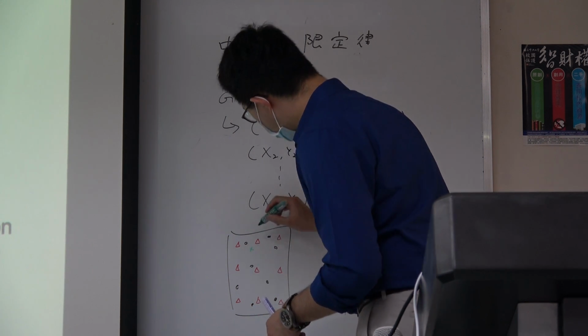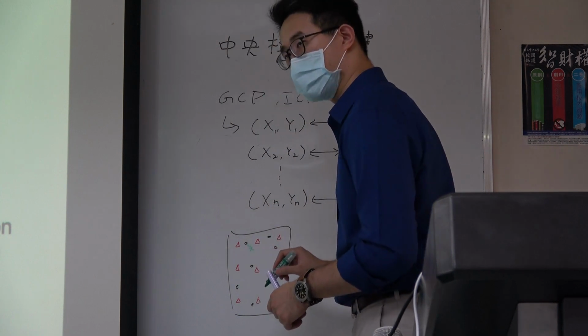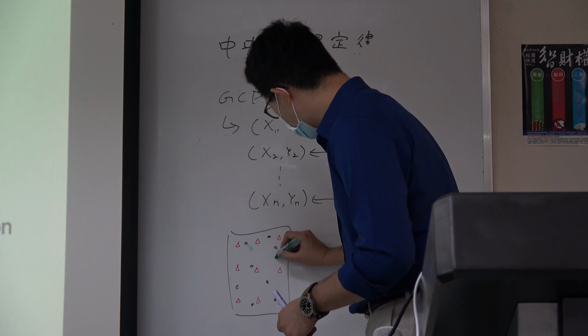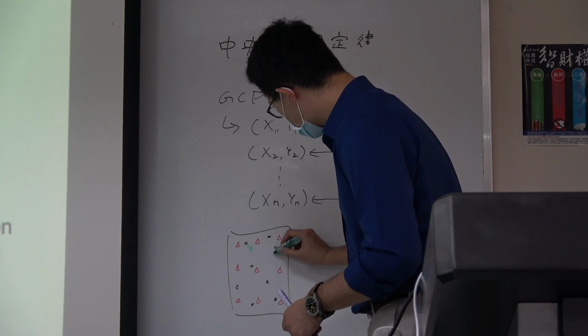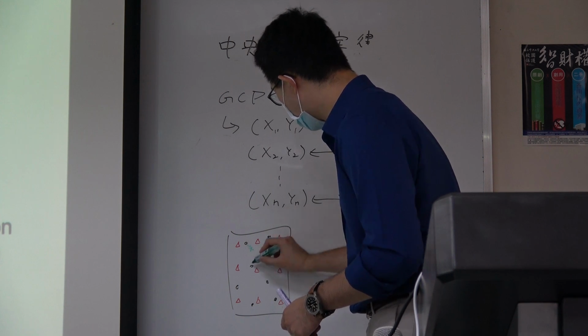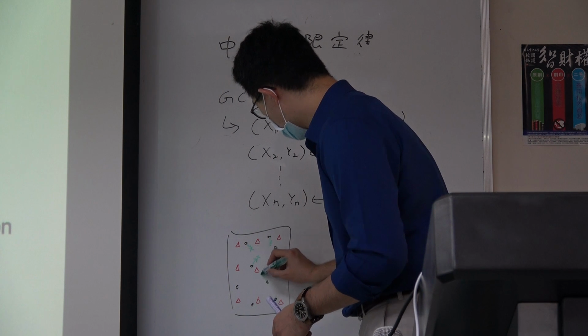So this is the error. And for this point, maybe it moves to here. So this is the error. This, maybe here, this is the error. This could be the error. This could be the error.